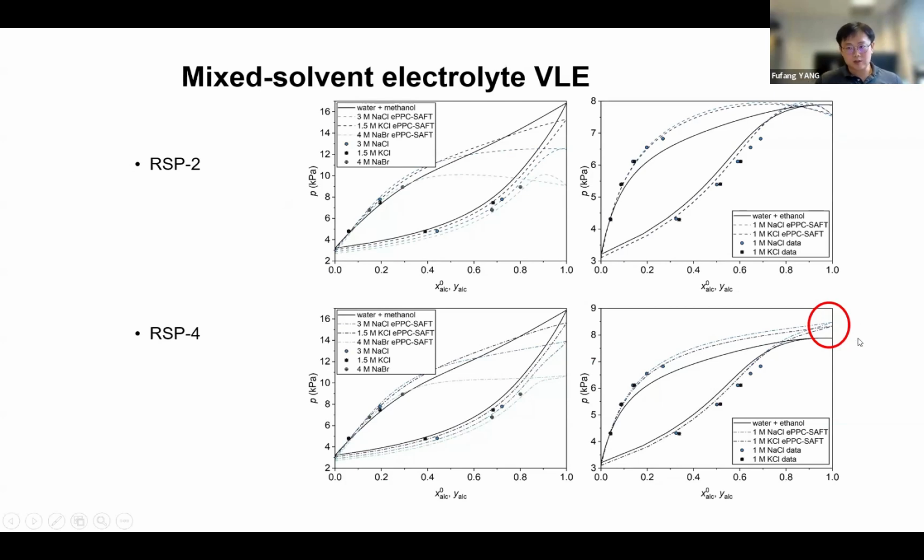When we correct for the salt composition dependence, this part is really extrapolation because it already exceeds the salt solubility in pure alcohol. But it is extrapolation, but it is a bit scary because it is a vapor pressure elevation. We don't want this. So if we have to show preference between these approaches, we prefer not to change the salt composition dependence in the RSP. We prefer to keep the implicit salt composition dependence and just change the alcohol composition dependence.